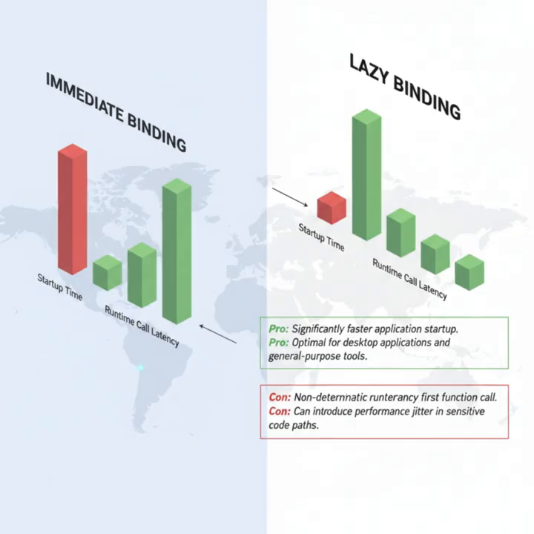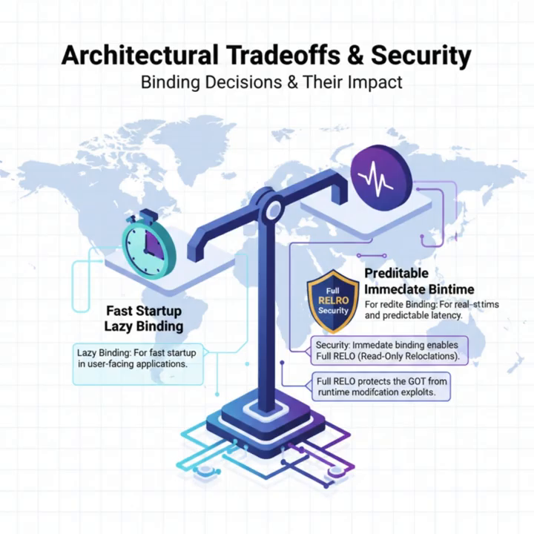The disadvantage is the potential for non-deterministic runtime latency. The first call to any given function will incur a small but measurable delay while the linker performs the resolution. In most applications, this is imperceptible, but in a tight loop or a performance-critical path, this first call penalty could introduce jitter.